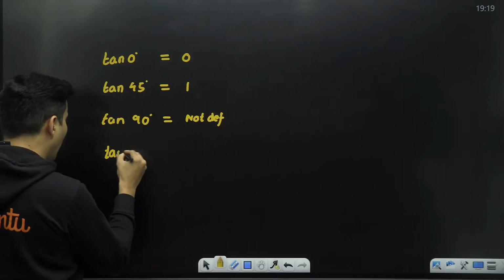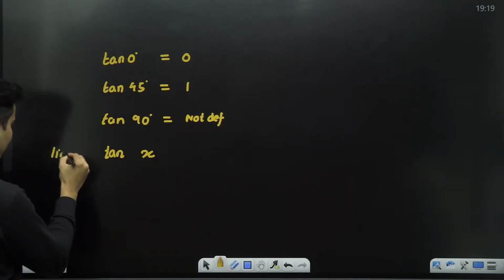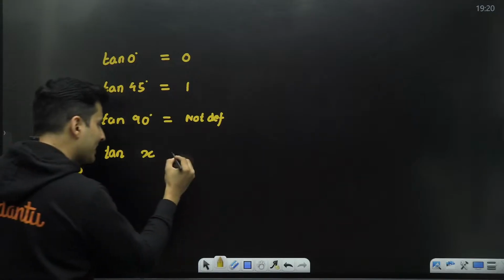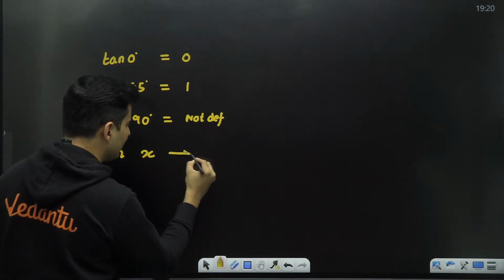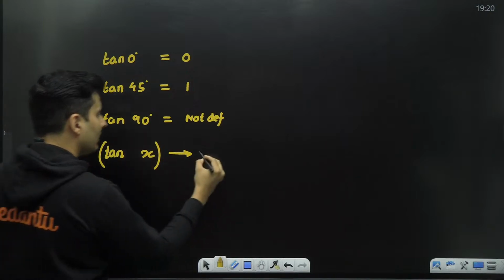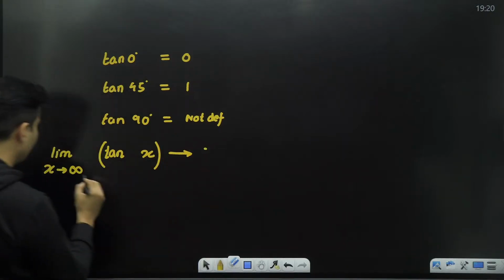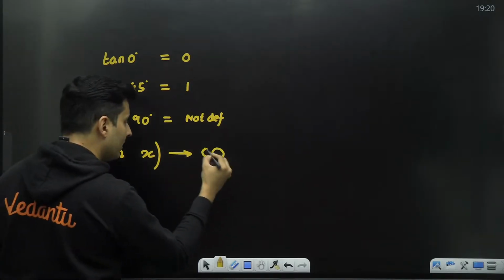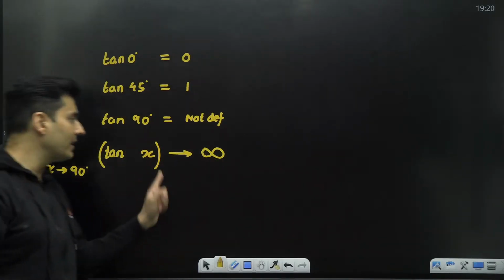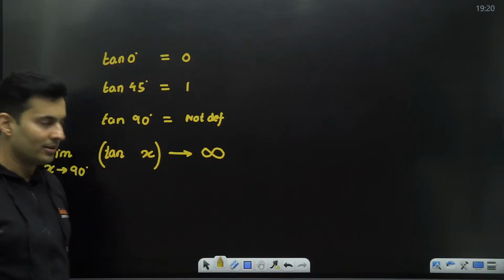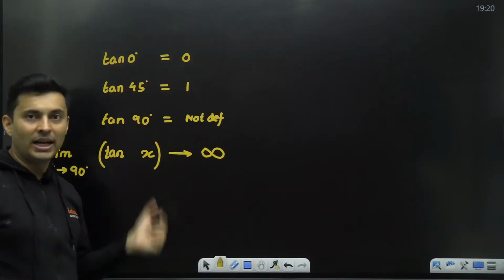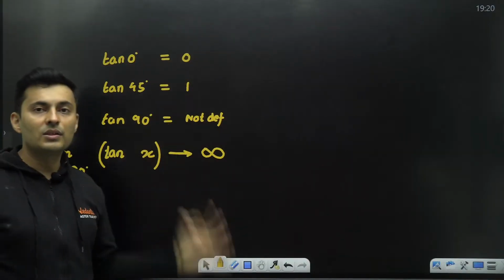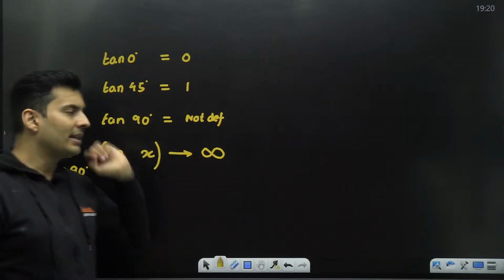But when x tends to 90 degrees, then tan of x tends to infinity. So there is a difference between being equal to and tending towards. When you are close to 90 degrees, the answer is infinitely large. But when you are at 90 degrees, there is no specific number you can associate; it is not defined.